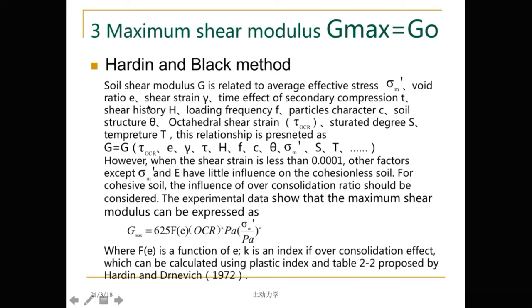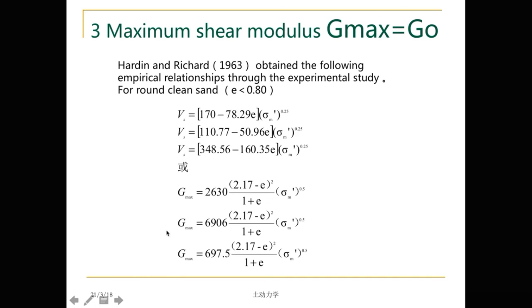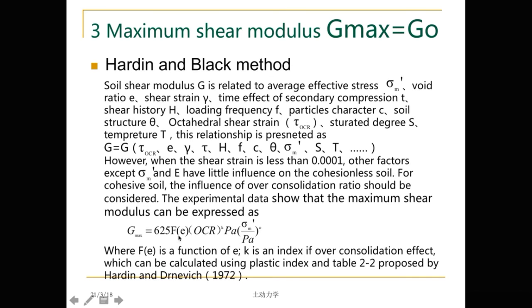Now let's see. Hardin and Black proposed an equation to determine the maximum value of shear modulus. Gmax is equal to 625 times a function F(e) times OCR powered by k, and PA is a unit term.